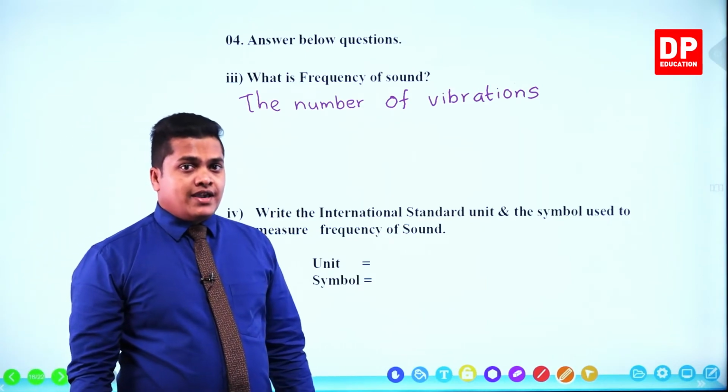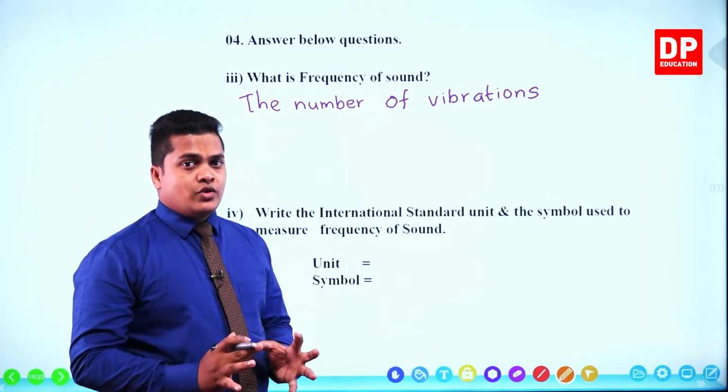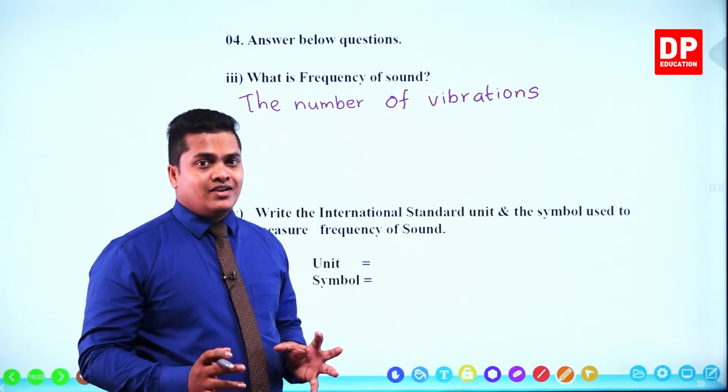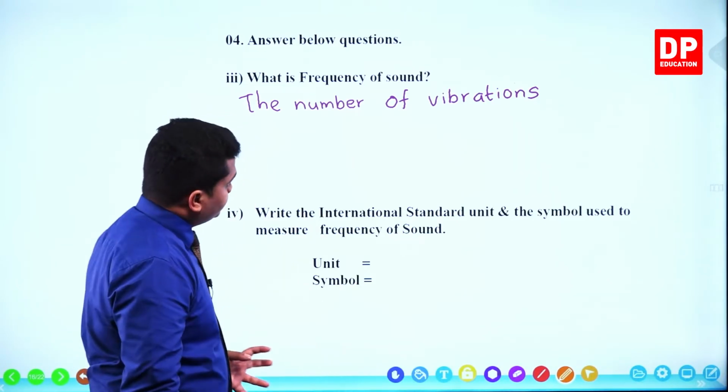The number of vibrations which a source is going to complete within unit time, or within 1 second, is the frequency.